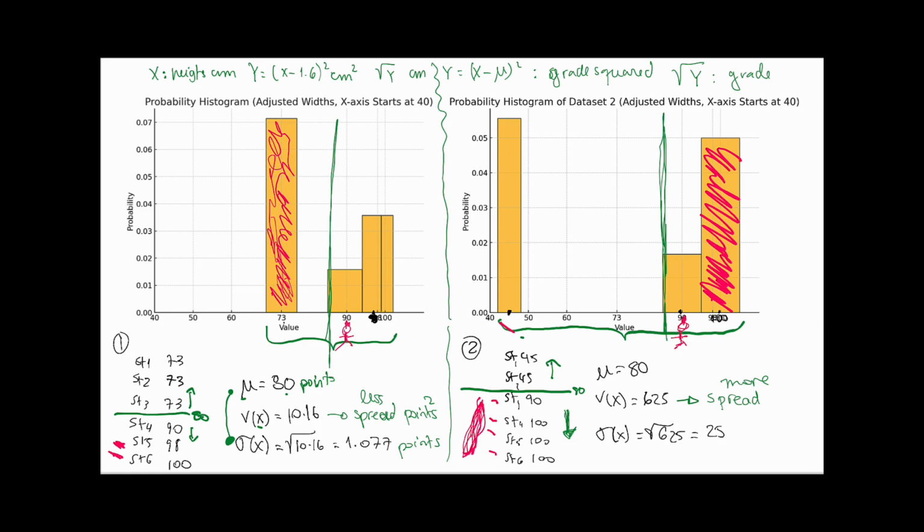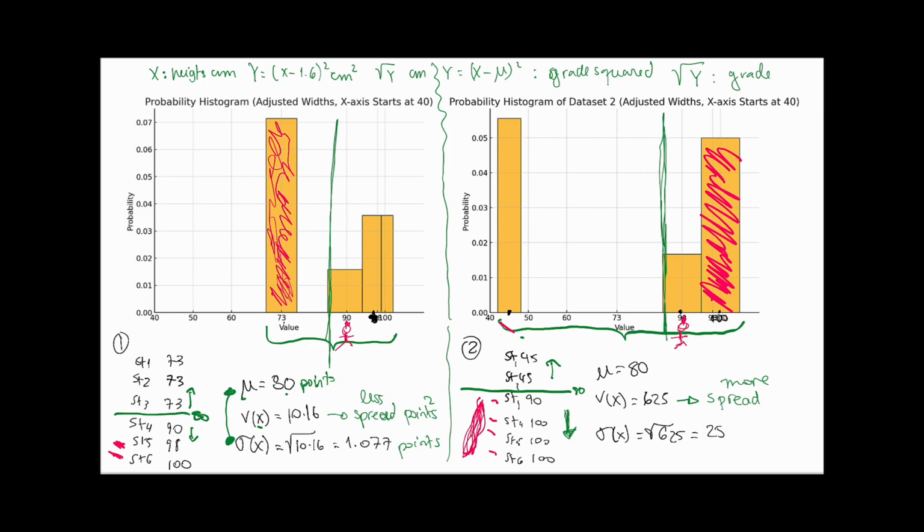Same as the height example. Let's say you had the height of a kid. 80 centimeters is the mean, and the variance is 10.16 centimeters squared, which I don't know what it means. Then I go back to the standard deviation, which is 1.077 centimeters.